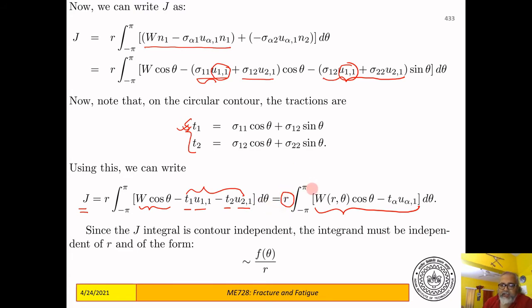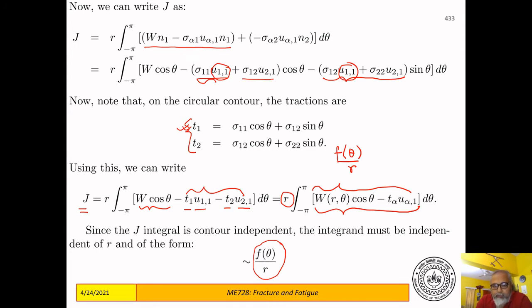So this quantity here must have the form f of theta by r, so that this r and the r below cancel out, and you have a function of theta only, which does not depend on the size of the contour. So what we infer from here is that this quantity has to vary as some function of theta divided by r. So this quantity has dimensions of 1 by r and a function of theta.